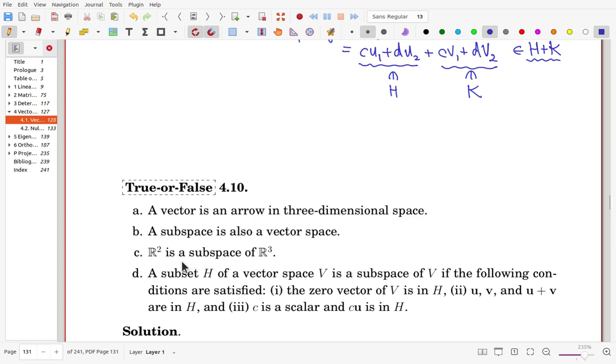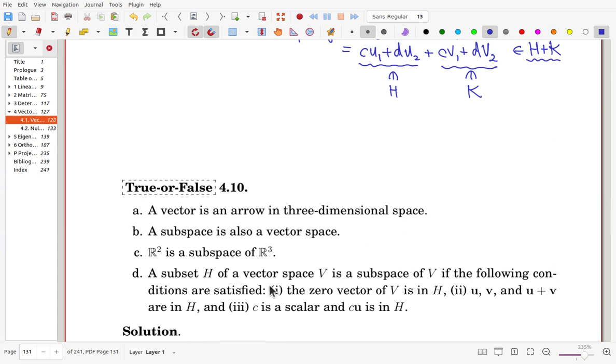So from the beginning, we don't have to worry about closure under linear combinations of entries. Finally, a subset H of a vector space V is a subspace of V if the following conditions are satisfied.